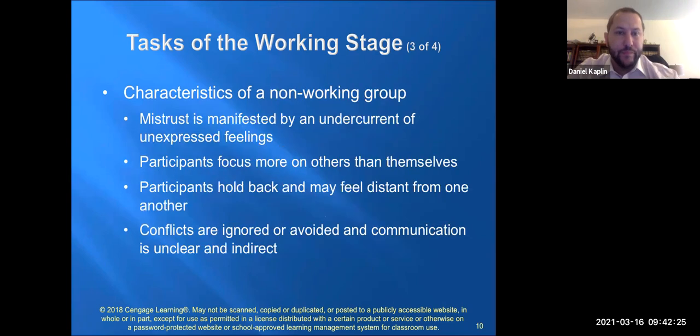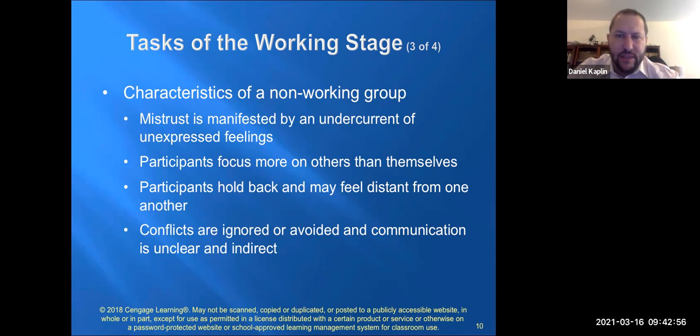All right. In terms of a non-working group, it's sort of the opposite mirror of it. So instead of having trust, there's mistrust in the group, there's unexpressed feelings, there's a focus more on others than oneself. People tend to hold back, and instead of addressing conflict, they're ignored or they're addressed in indirect ways.